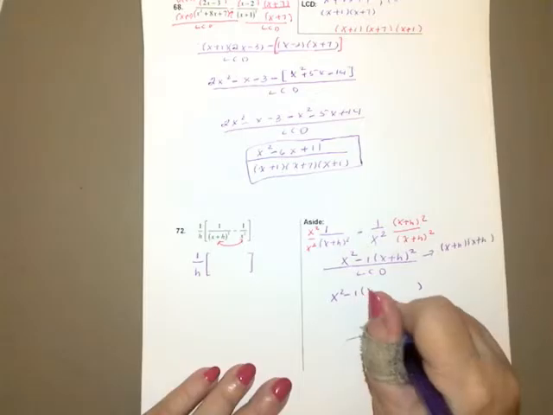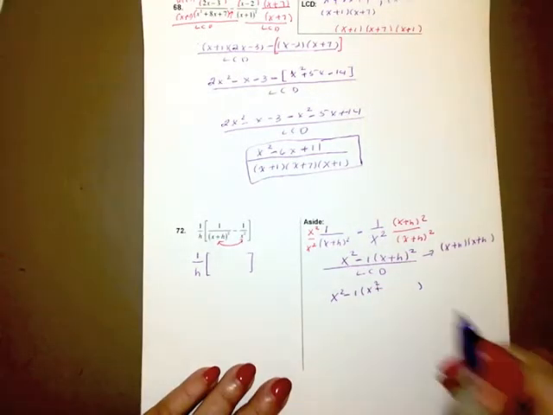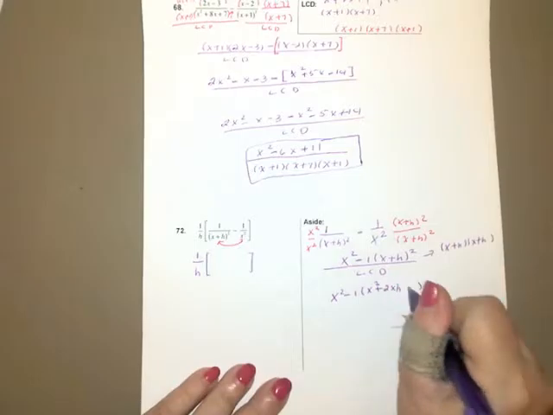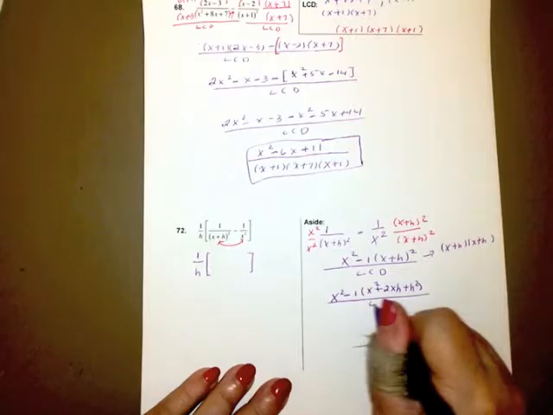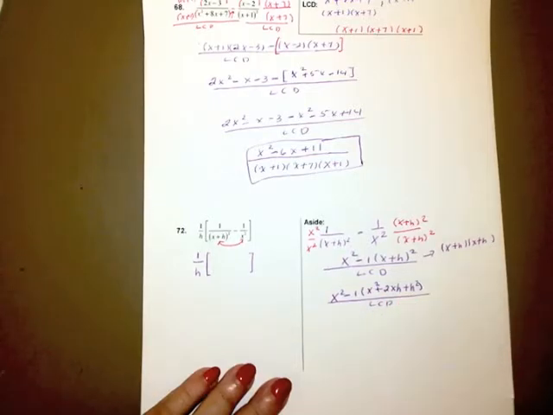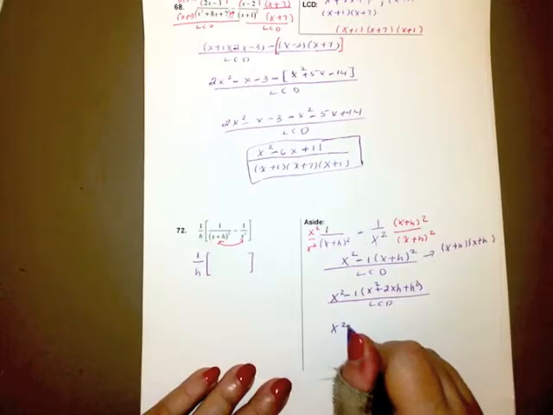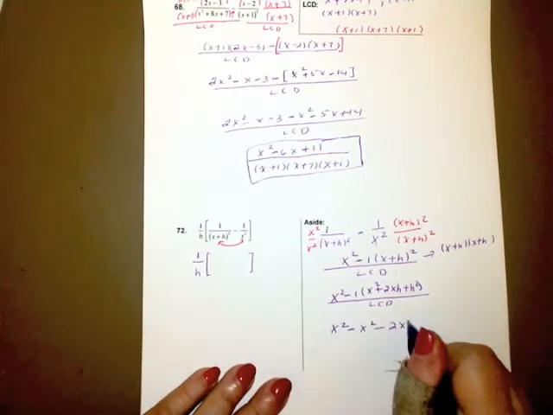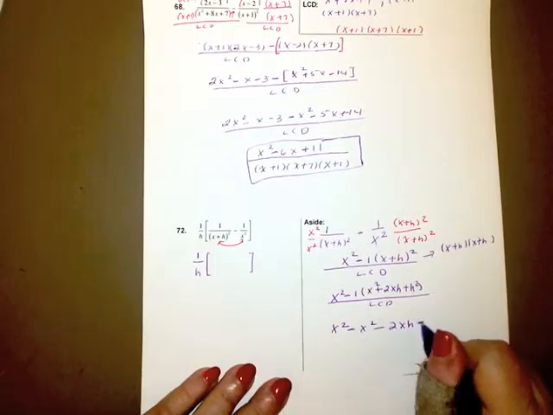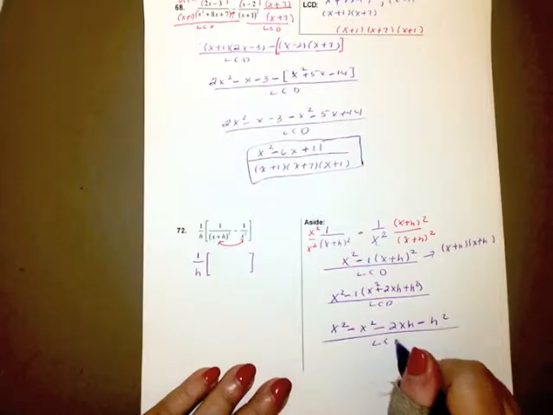So then this becomes x squared plus 2xh plus h squared over the LCD. Multiply through by -1, I get x squared minus x squared minus 2xh minus h squared all over the LCD.